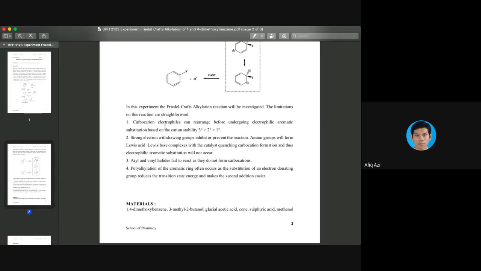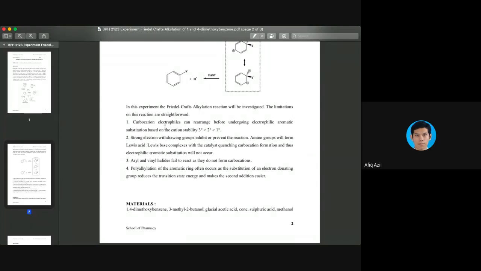So if it is primary, the electron may shift to produce a secondary or tertiary carbocation, which is more stable. And then if you have strong electron withdrawing groups, it will prevent the reaction from happening.